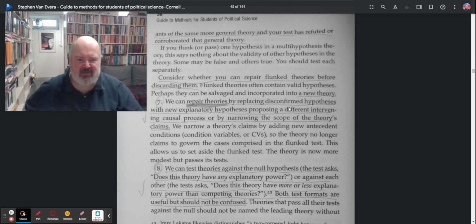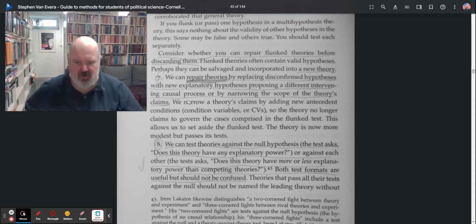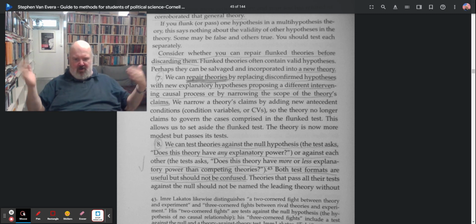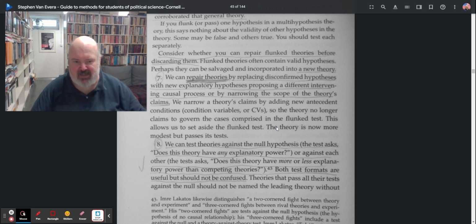by replacing disconfirmed hypotheses with new explanatory hypotheses, proposing a different intervening causal process, or by narrowing the scope of the theory's claims. We narrow a theory's claim by adding new antecedent conditions, conditional variables or CVs, right?